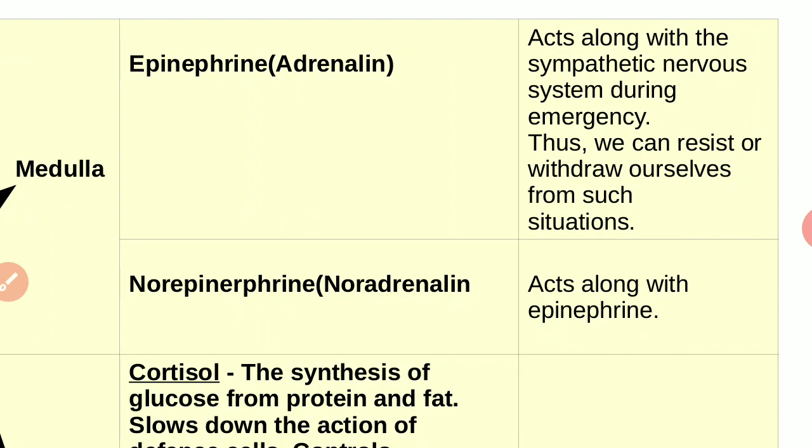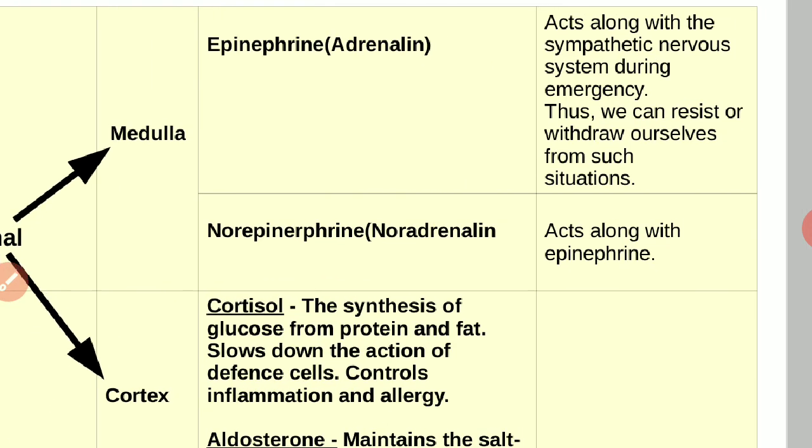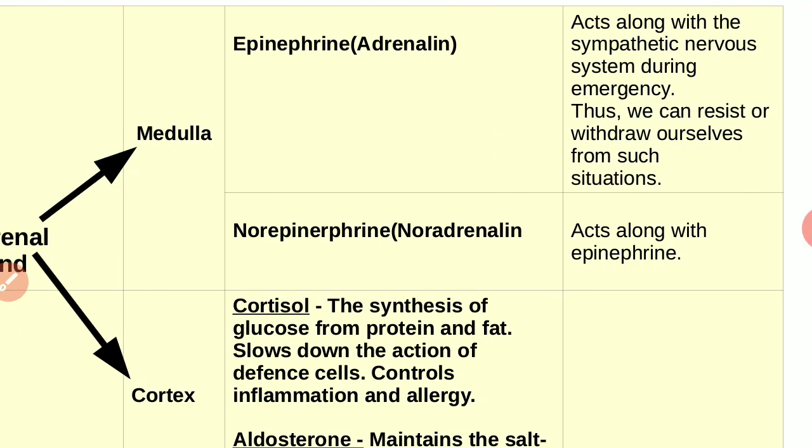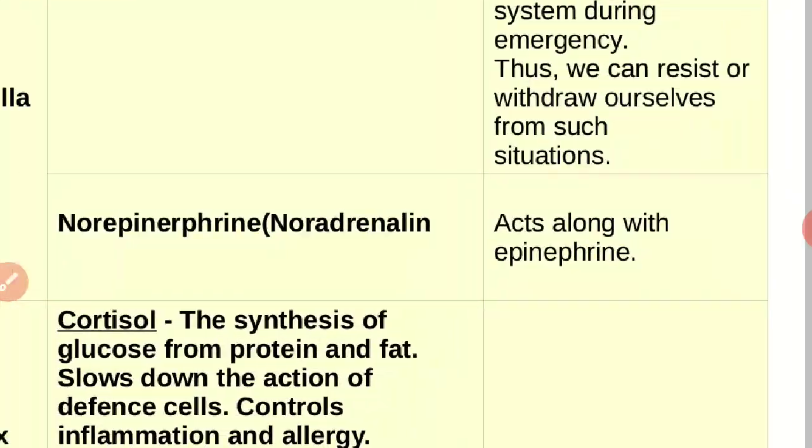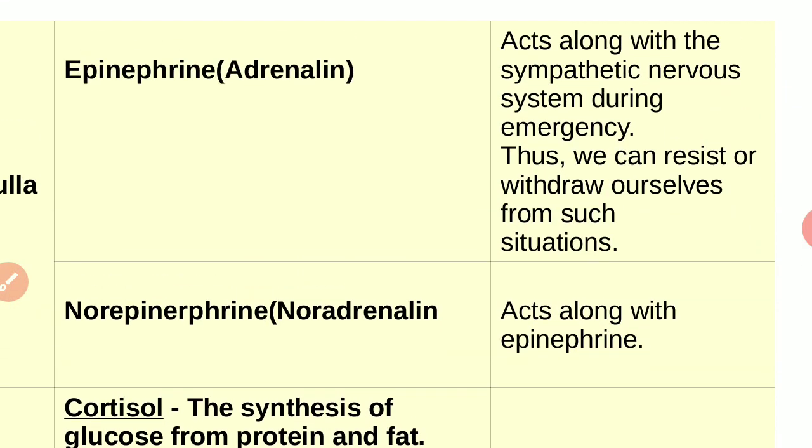Epinephrine acts along with the sympathetic nervous system during emergency. This is an emergency hormone. We learned the sympathetic system in the first chapter, when we learned the nervous system. The sympathetic system helps our body to cope with emergency situations.